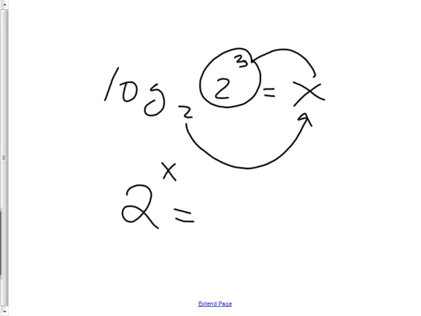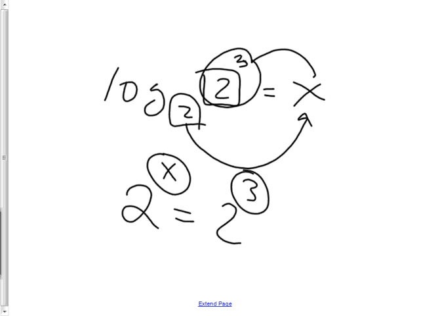What's that? 2 to the third. Do you get how I now have two bases? Do you get how their exponents have to be the same then, and therefore x has to be 3? But we don't make you show all of that work, because it's so simple. If you just know the pattern that if these two are the same, then that's the answer.